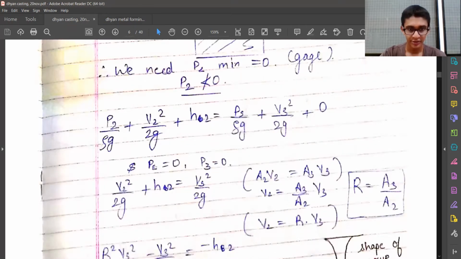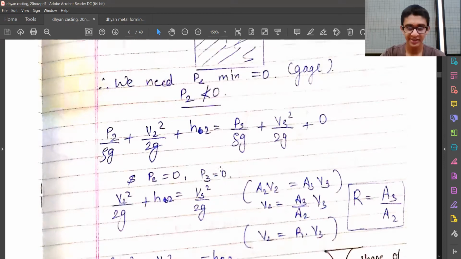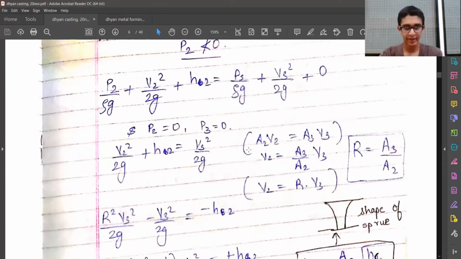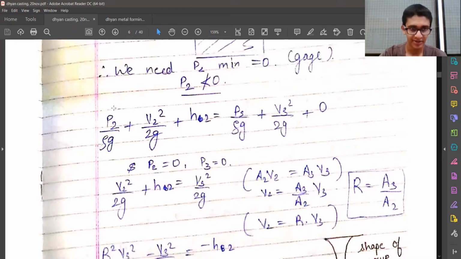P2 is equal to 0. That's what we want. It is not 0, but that's what we want. And P3 is 0 because that surface is open to atmosphere. Now let's put in all the values which we know. So V2 square by 2G plus H2 is equal to V3 square by 2G, because these pressure terms are 0, H2 remains, V2 remains, V3 remains.